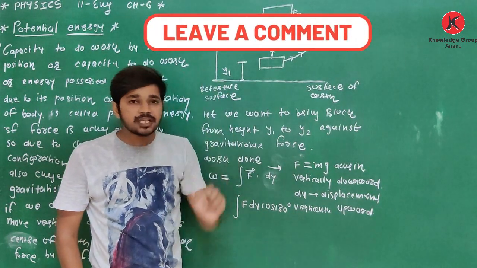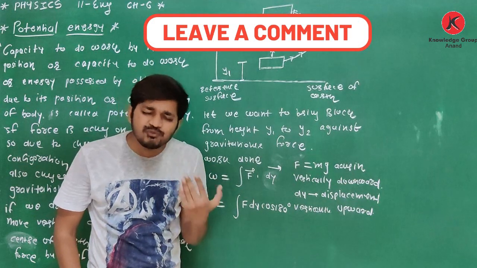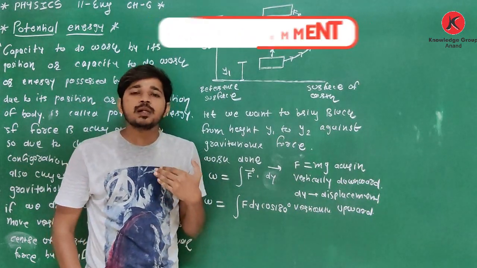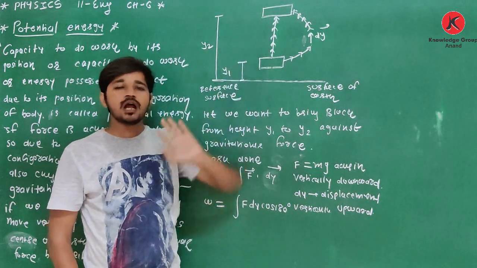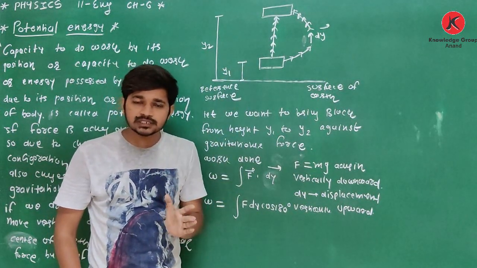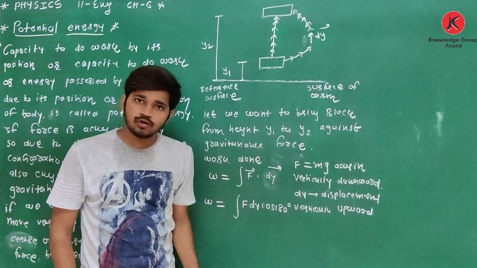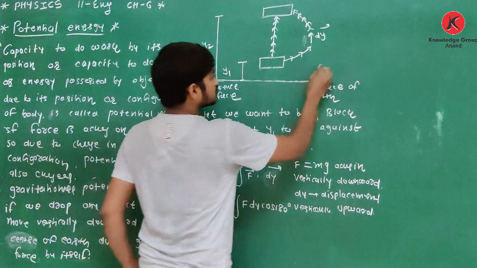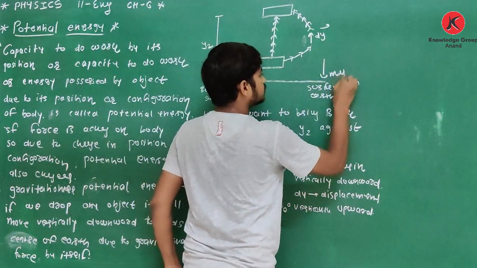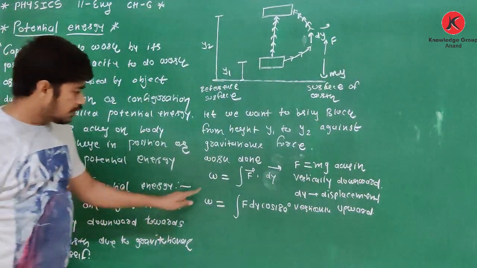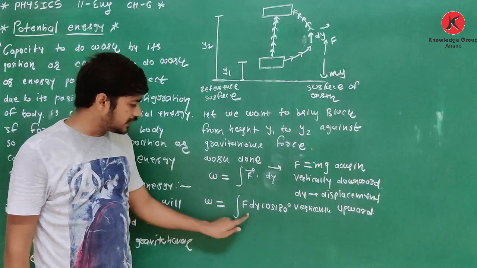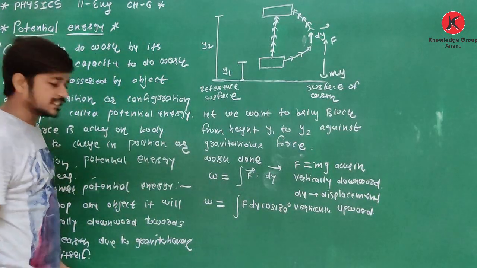To bring the object in the upward direction, we have to apply the same force, but in the vertically upward direction. Clear about this? Yes, gravitational force is acting in this direction, mg, but we have to apply the same force in the upward direction. So W is equal to F dot dy, it is F dy cos 180. Cos 180 is minus 1.